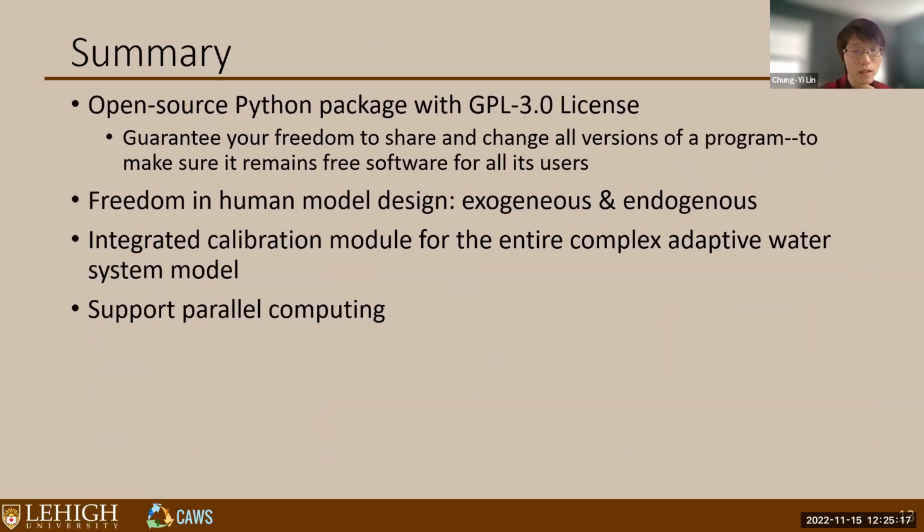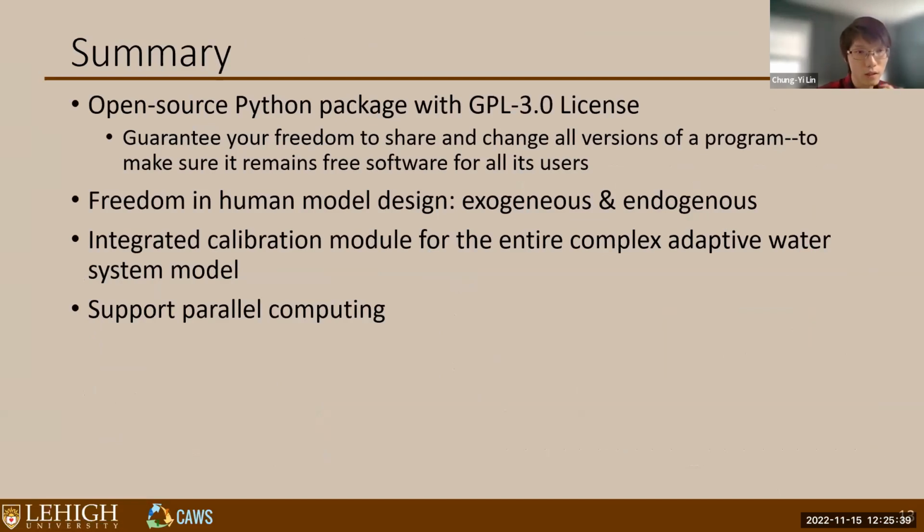And as a summary, HydroCIVS is an open source Python package with a general public license that will guarantee you your freedom to share and change all versions of a program and to make sure it remains free software for all its users. And here I summarize some features that I mentioned earlier.